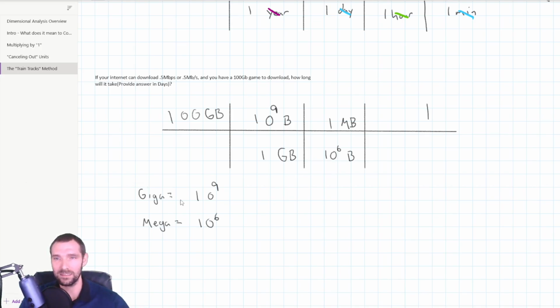And then we can do our megabytes to seconds. So in 1 second, it was 0.5 megabytes. Remember, 0.5 is the same as 0.5 over 1. And we can flip that here. So now we've got the denominator on the numerator and the numerator on the denominator. And that should work. So we've got that in seconds at this point.